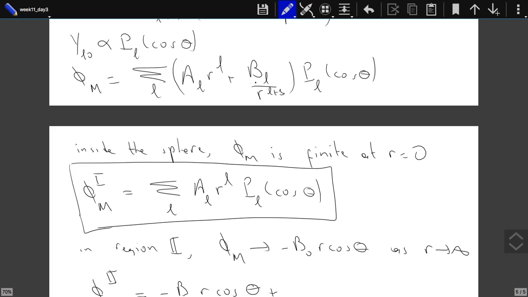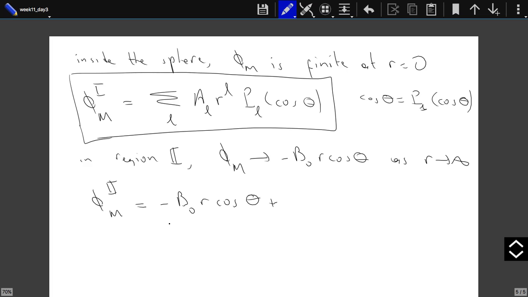So this boundary condition doesn't impose any restrictions on the values of B, but it restricts the values of A. So of the A_l r to the l terms, only the l equal to 1 term can survive as r goes to infinity, and that term should be just minus B0 r cosine theta. Remember, cosine theta is P1 of cosine theta. That is why only P1 should survive in my expansion. So this is the contribution from the A terms, plus I have the contributions from the B terms.